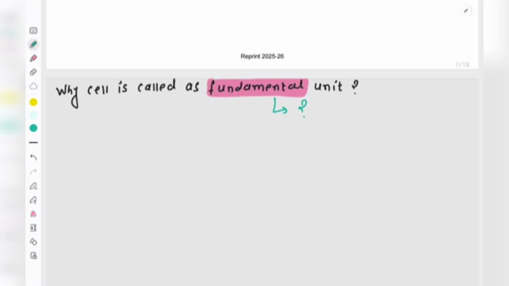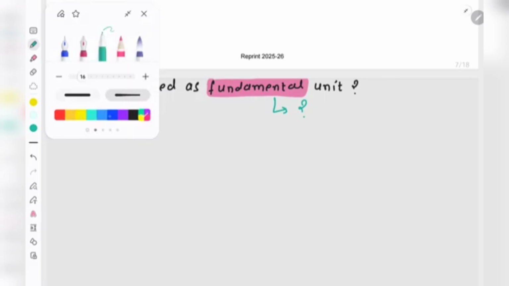So if you are saying that any organism is living, it simply means that it has to have a cell. Now the question remains the same. Why is the cell called fundamental? Because a cell can perform so many different types of functions. What does it mean? Your cell can have so many functions, like respiration. You understand the meaning of the word respiration? Then you must have studied reproduction in your class 8th. Yeah, movement. There are so many things.